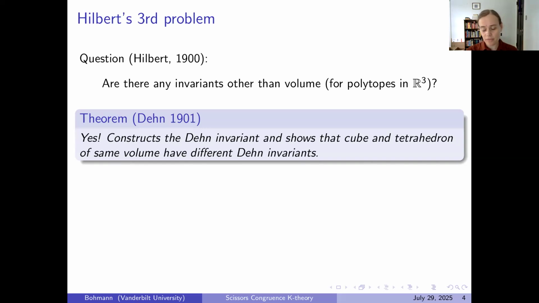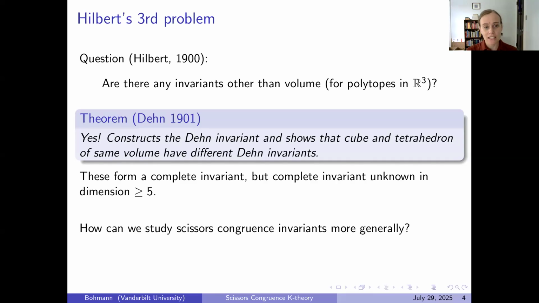That doesn't work. The Dehn invariant, I'm not going to give you a precise definition, but it's basically given by summing up the interior angles of faces in your polytopes. In fact, if you take the Dehn invariant and volume, this is a complete invariant for scissors congruence in R3, and there's also a higher analog in R4.